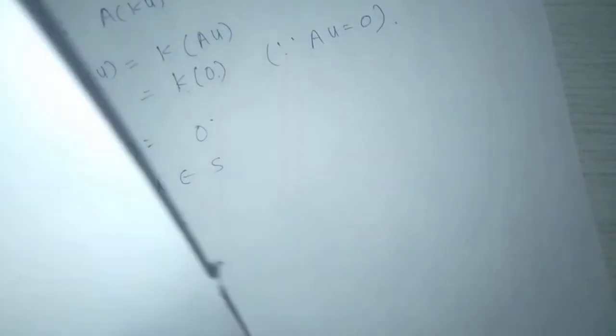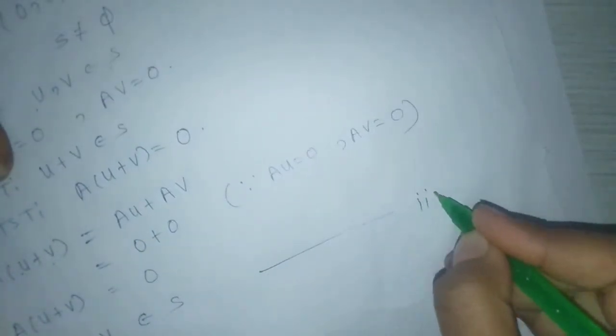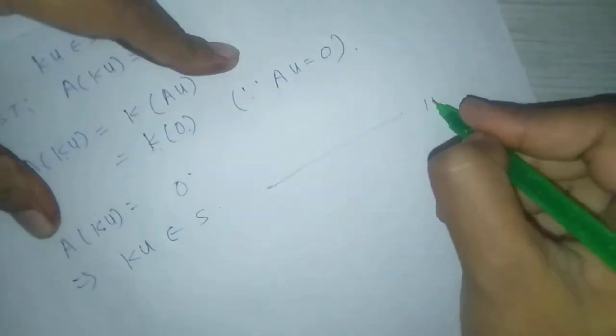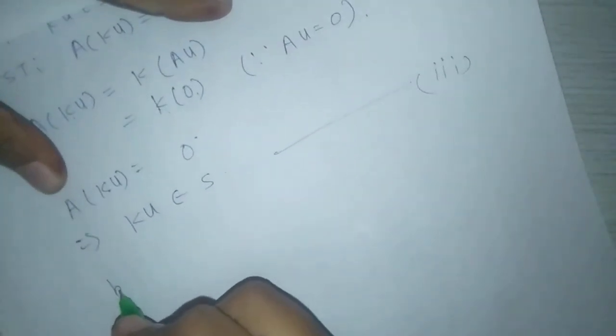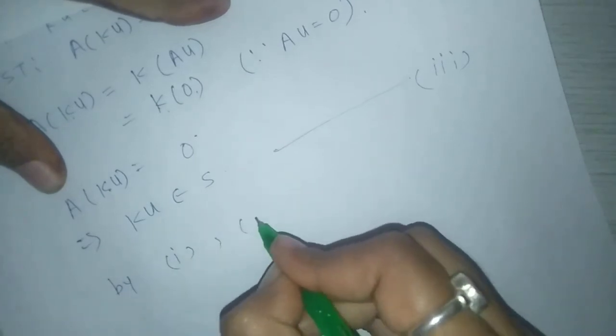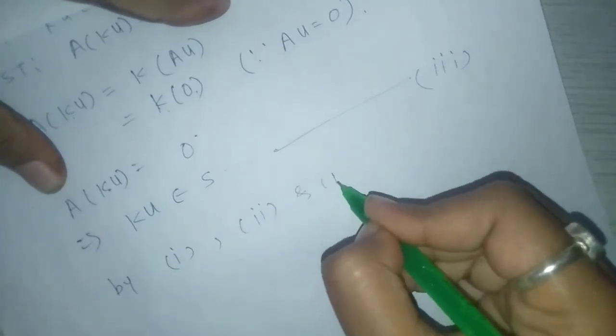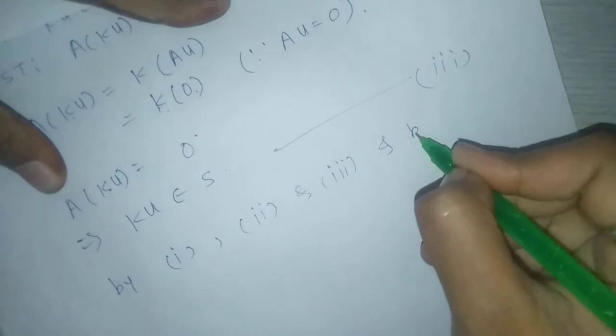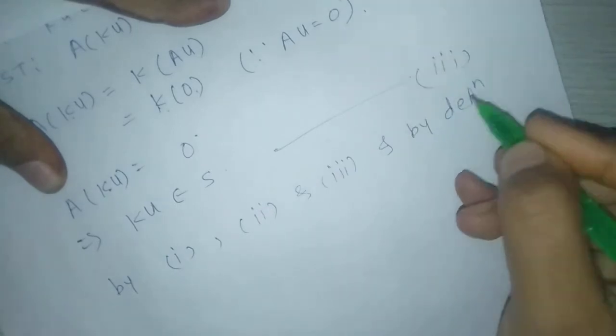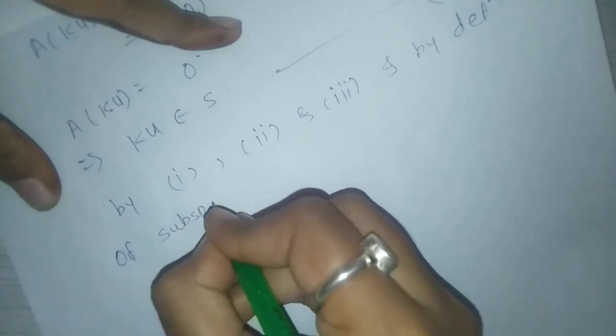Now give this as equation number 1, equation number 2, equation number 3. So by 1, 2 and 3, and by definition of subspace, S is a subspace.